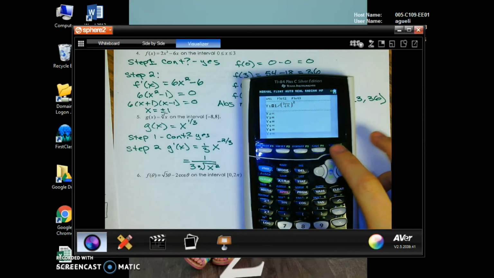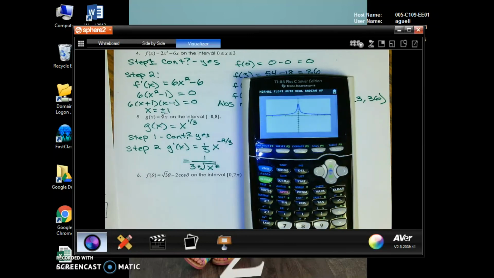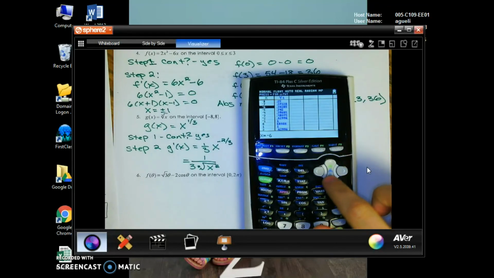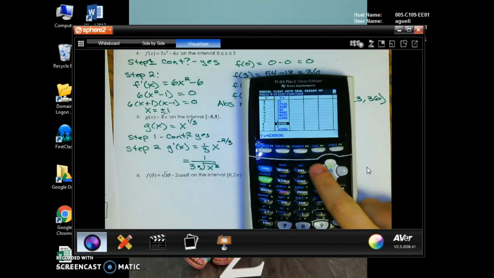When I graph that, it went up like this, and then it stopped, jumped over, and came back down here. If I want to see what's going on right at 0, I can look at the table. At 0, there was an error because we're not allowed to divide by 0.